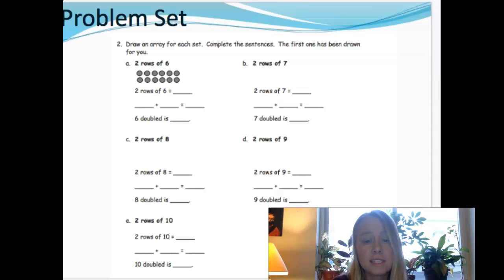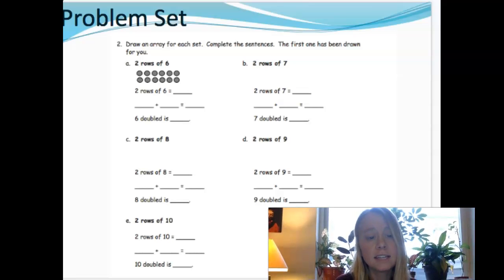So 2 rows of 6 equals, what's your total? What is 6 doubled? You'll write that there. And then you'll write an addition equation to match. 6 plus 6 equals blank. That's how the whole page is. So B is 2 rows of 7, C is 2 rows of 8, D is 2 rows of 9. So we're really continuing the same work we were doing during our concept development.